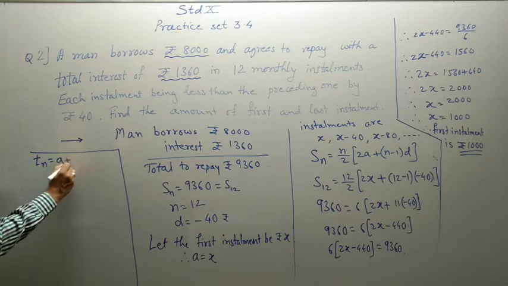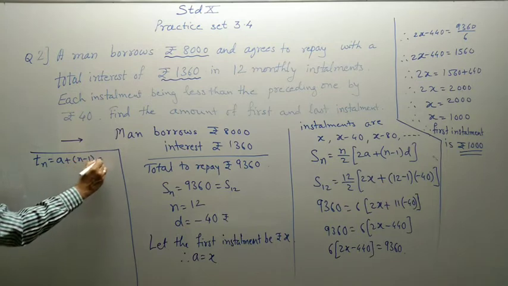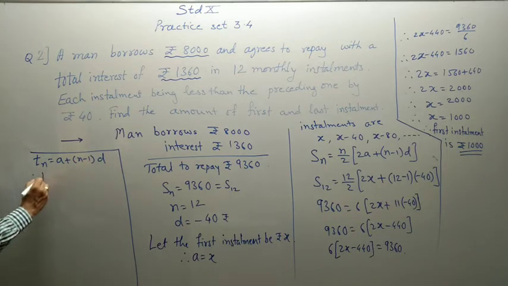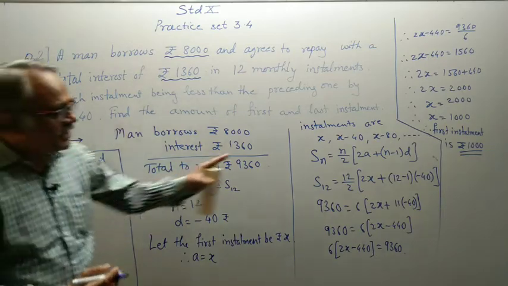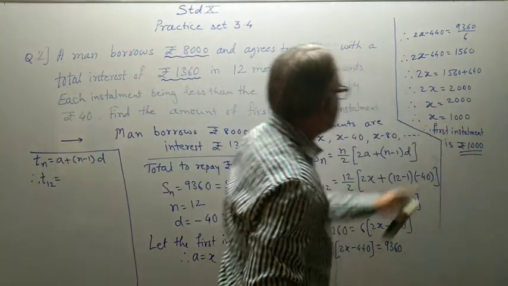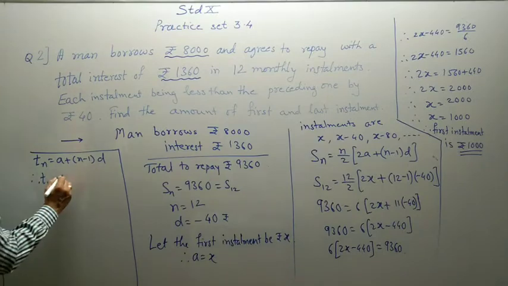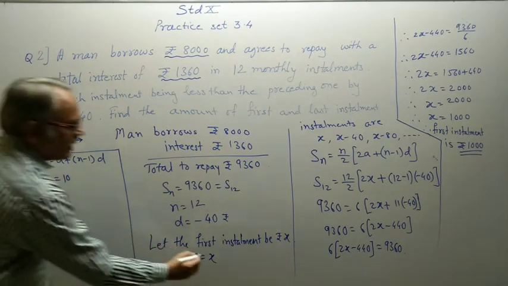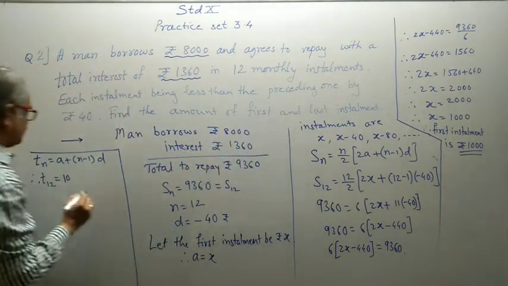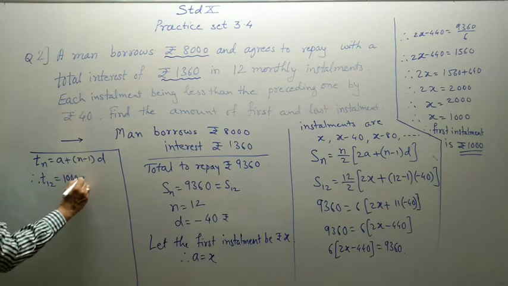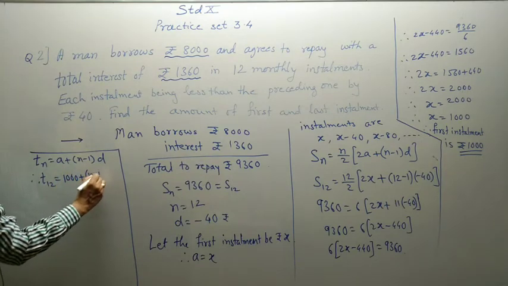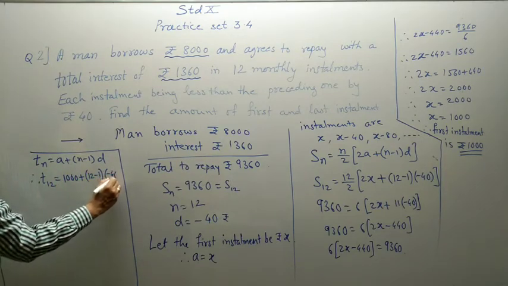Tn is A plus n minus 1 into D. Therefore T12 is equal to, what is A? Just now we have obtained. A means only x, 1000. A equal to x equal to 1000 plus 12 minus 1 into minus 40.